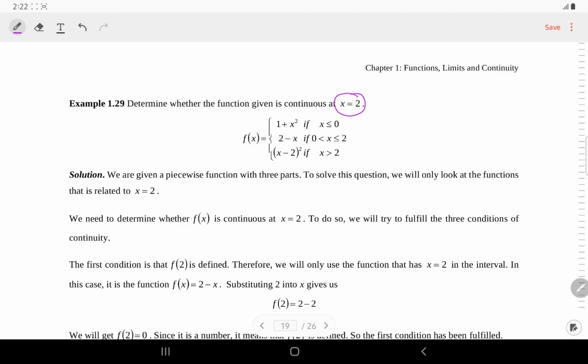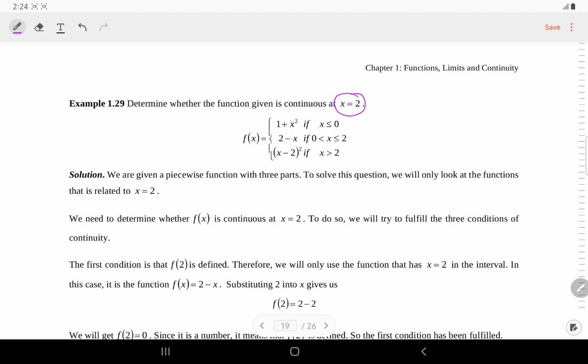Here we have three functions. The first function is 1 plus x squared for x less than or equal to 0. The function will be 2 minus x if the value of x is between 0 and 2, and the function will be (x minus 2) squared if the value of x is larger than 2.